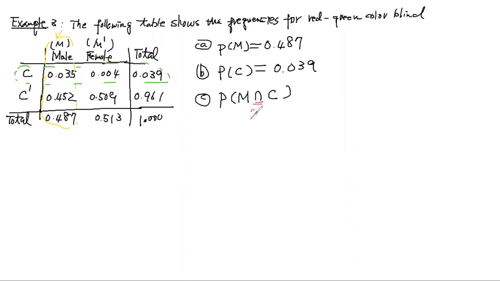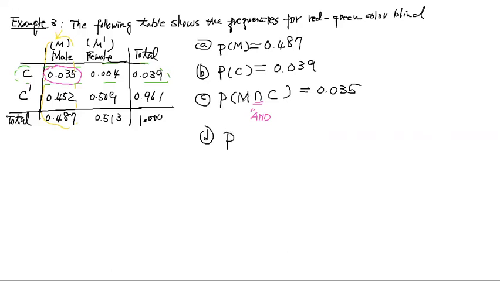The keyword is "and", right? So that means male and colorblind. This one here is male and colorblind, correct? So the probability of male and colorblind is 0.035. You get that?